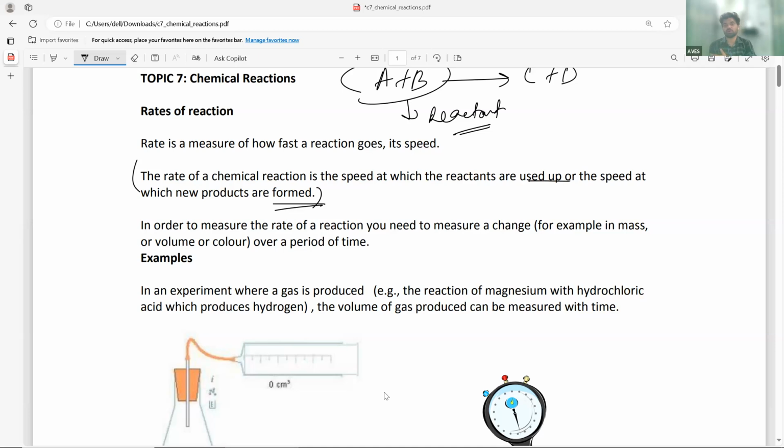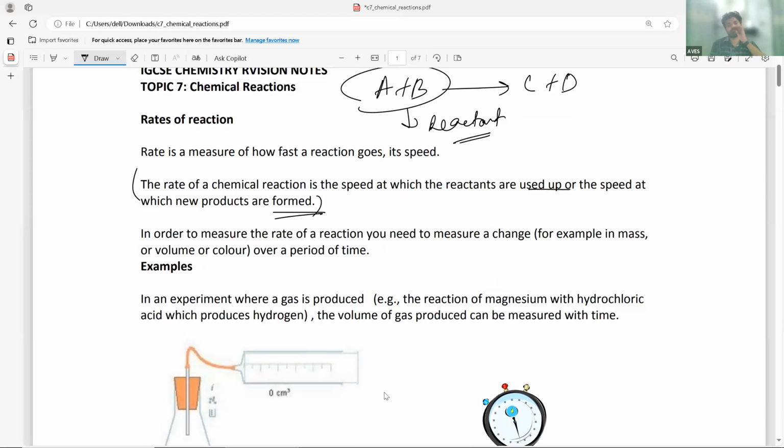Because I'm going to ask you tomorrow all that we have done today. This rate of reaction. We'll do it fast. You have to write this. Done?